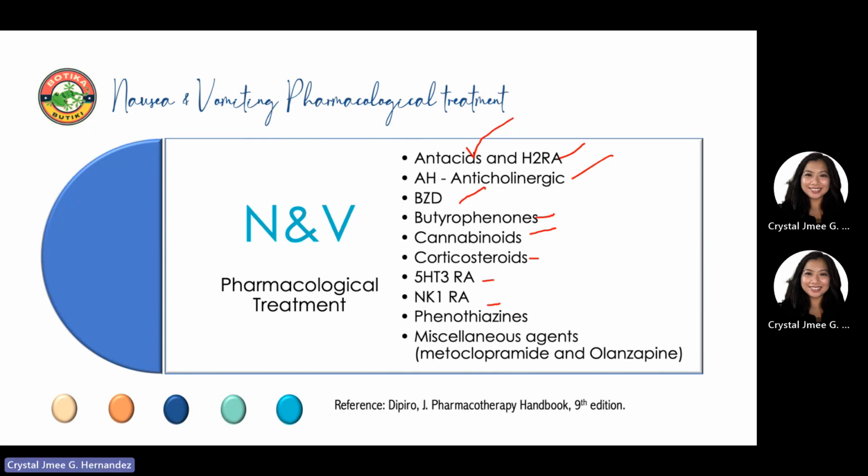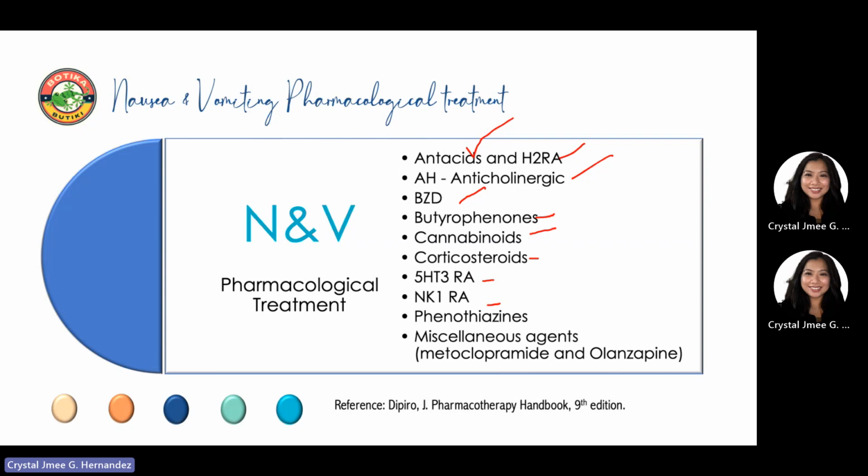We also have the NK1 receptor antagonists, or the substance P neurokinin 1 receptor antagonists. As we have mentioned, examples are aprepitant and fosaprepitant. Fosaprepitant is the injectable form of aprepitant. This is normally indicated for multiple drug regimens and prophylaxis of nausea and vomiting, especially with high-dose or highly emetogenic chemotherapy drugs.